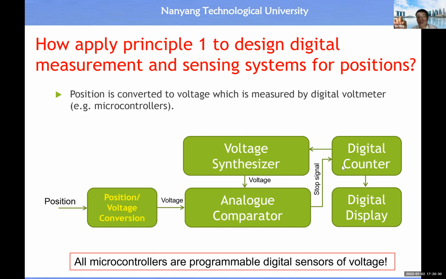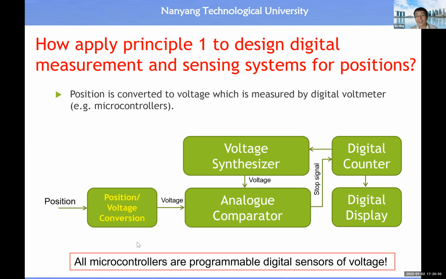Then the actual value inside the counter should be the digital value which corresponds to the analog input here. All right. Then the whole problem becomes how to transform the value of a physical quantity on the measurement into DC voltage. Okay. Then in this case, how to do position voltage conversion.